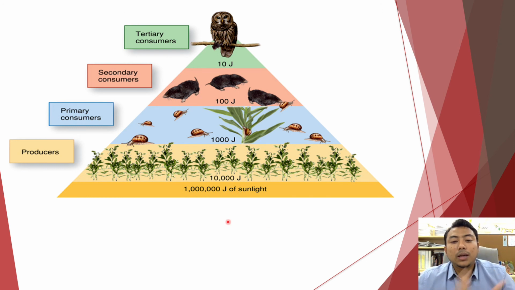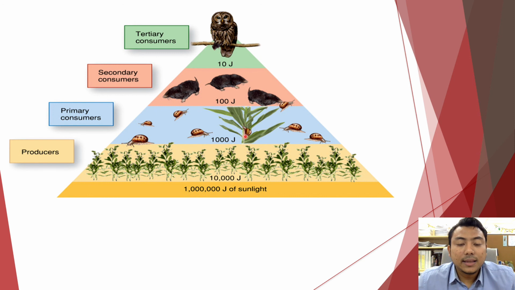So we look here, for example, we have here 1 million. Yeah, 1 million joule of sunlight. Only 10,000 of joule received by the plant or being assimilated, i.e. being used by the plant. And then from that 10,000, only 1,000 is being able to be passed to these snails.